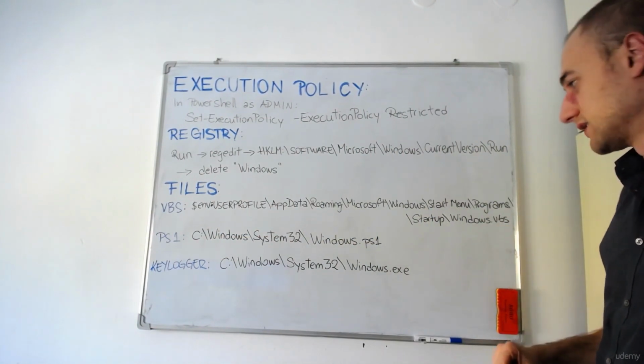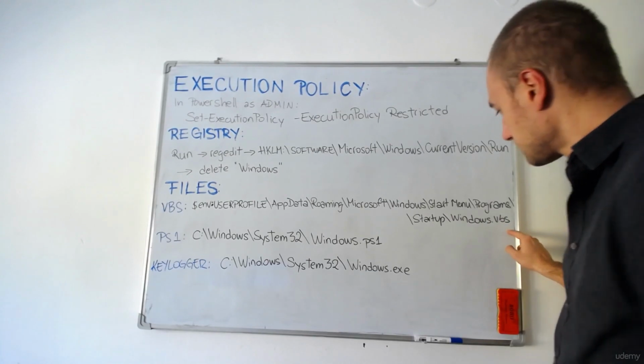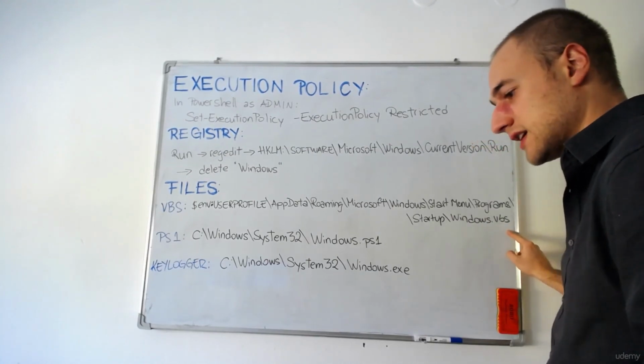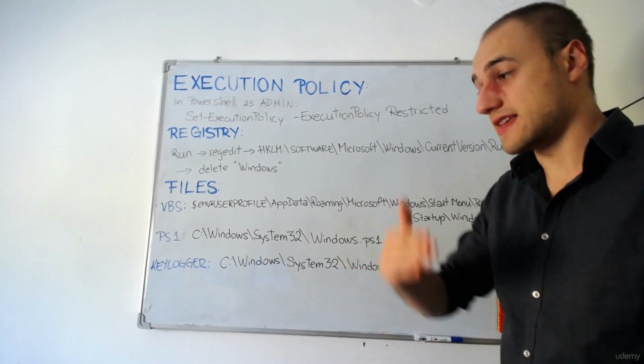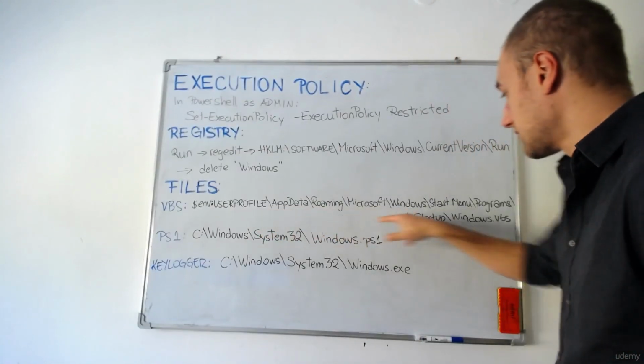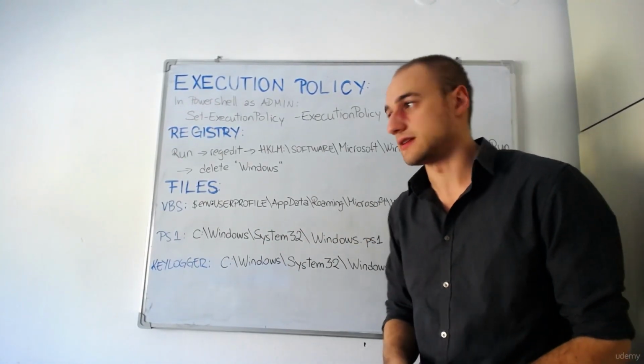The path is a little bit large, and the Windows VBS will be the actual file. So you can basically just type in, instead of cd, rm, and then this entire path, and Windows VBS will be deleted.